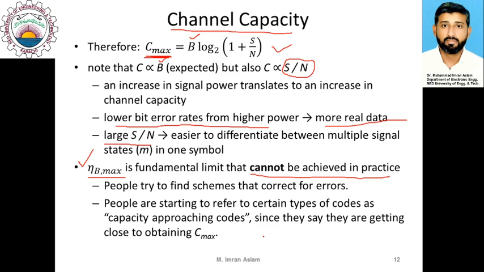Although people are trying to achieve this capacity, they are making different types of codes, named capacity approaching codes, so that we can have a data rate very close to this maximum channel capacity. For most systems, the achievable data rate is relatively smaller as compared to the channel capacity of the system.